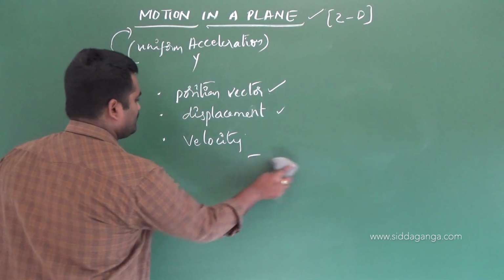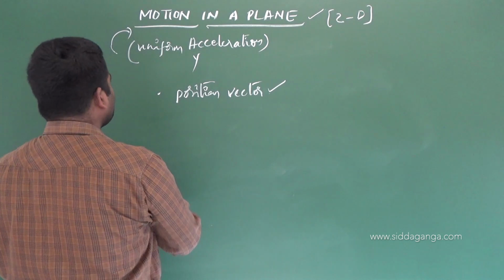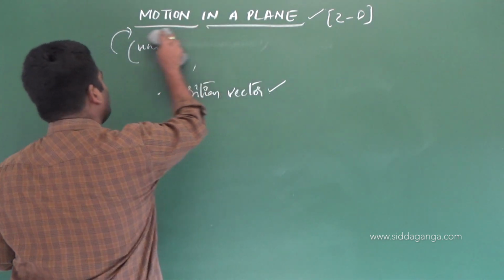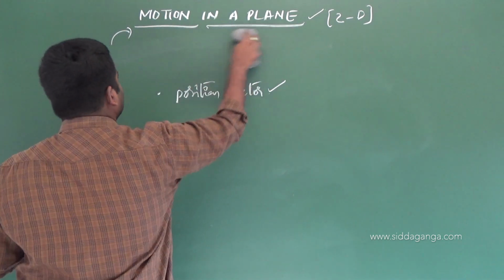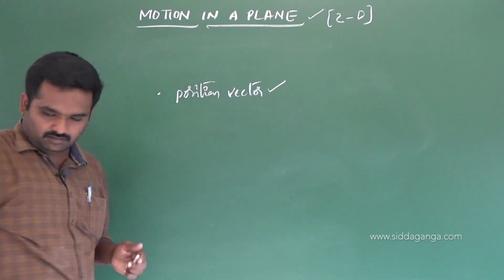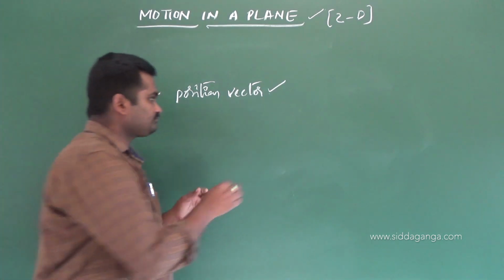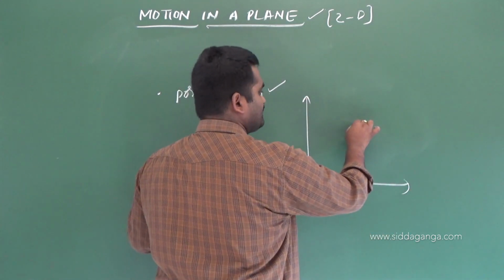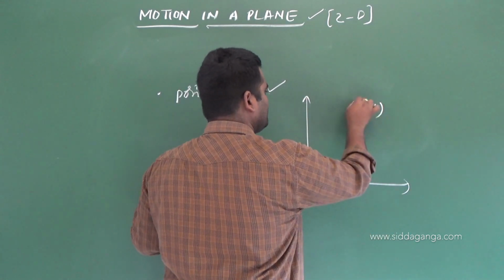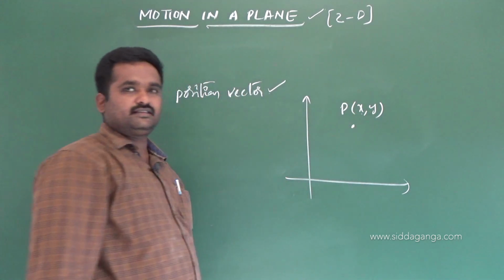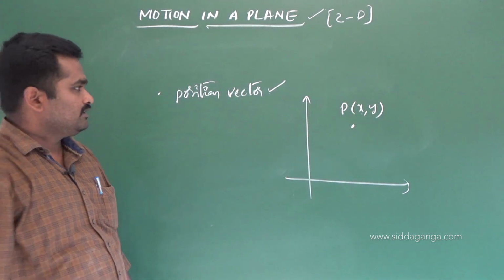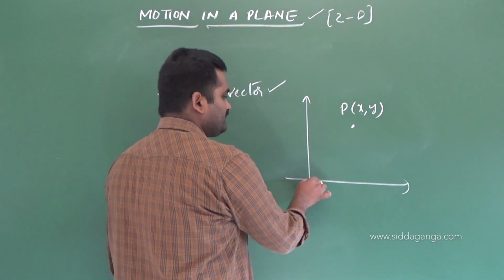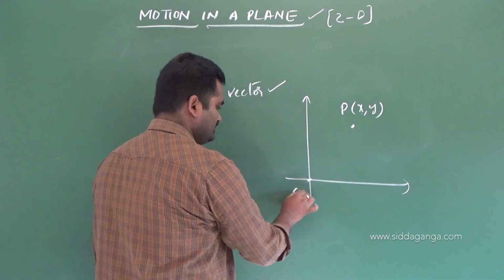So first let me start with the position vector. What do you mean by position vector? See, I am having a point x comma y in a plane. P(x, y) is in the plane. A position vector is a vector which is drawn from the origin. See carefully.